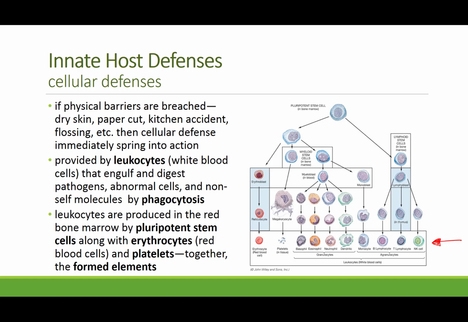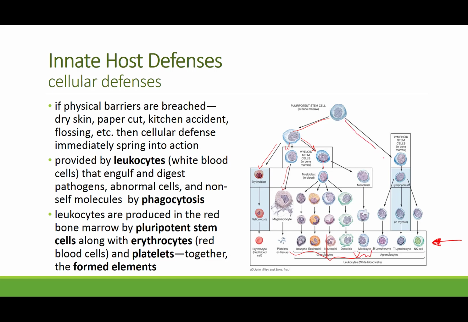And so you can look at the pathways here. If we head this direction, then we can make red blood cells. If it instead becomes one of these myeloid stem cells, then it could become a cell that's going to make platelets, or it could become one of the granulocytes here, the basophils, eosinophils, neutrophils, or dendritic cells, or it might become a monocyte.